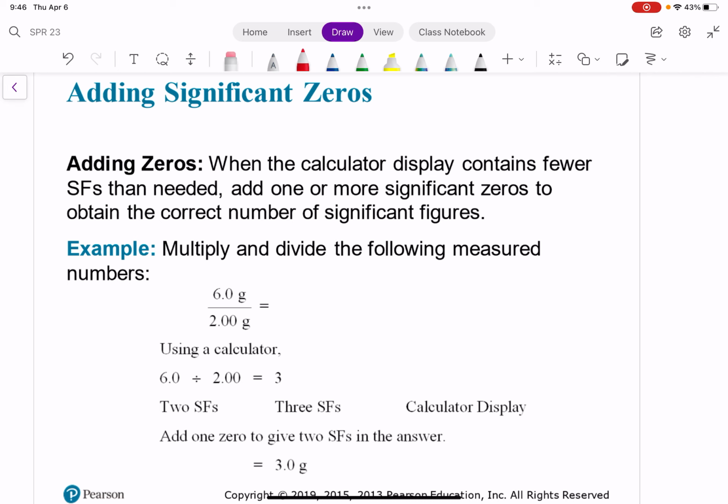So when you're using a calculator, you have 2 sig figs here and 3 sig figs here, and you get 3 here. You're going to have to add in the zeros until you get the sig figs that you started with, or the sig figs that you should be in your calculated answer, I should say. So it showed us 3, and we want to add, let's see, because we are multiplying or dividing, we know that we need to have the lowest number of sig figs reflected in our answer.